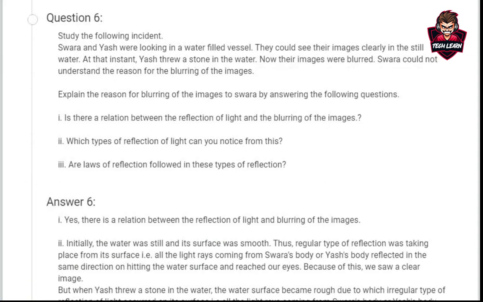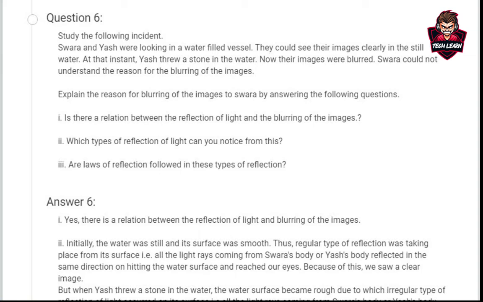Question number 6. Study the following incident. Swara and Yash are looking into a water filled vessel. They could see their images clearly in the still water. At that instant, Yash threw a stone in the water. Now their images were blurred.